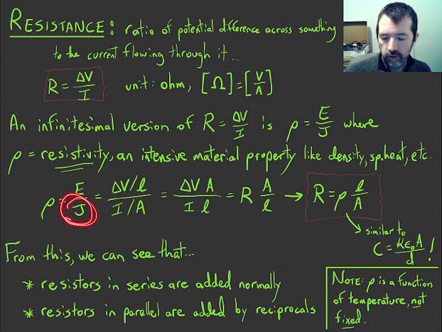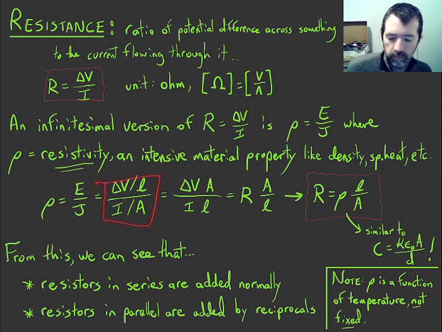The current density J is the current divided by the area. I'm doing average values here, I guess. But current density is current per area. So that's my first step.